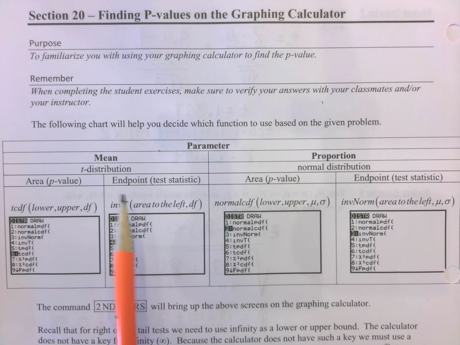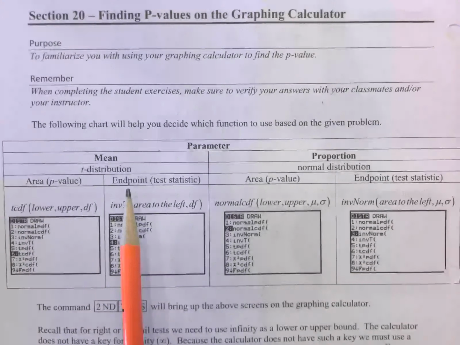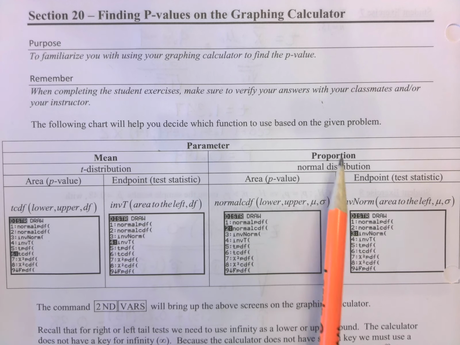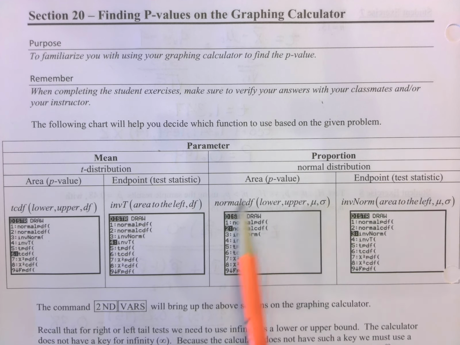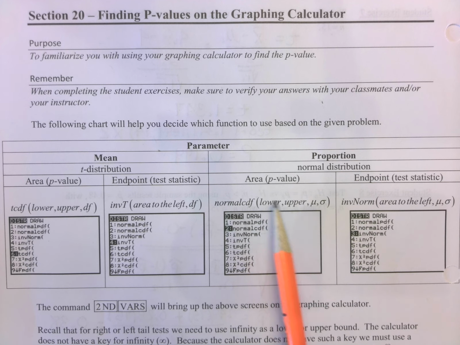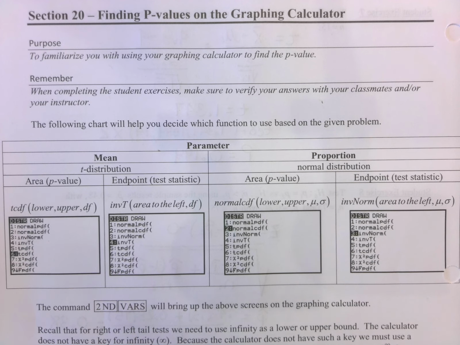If we're finding an endpoint, a data value, we are given a p-value, an area, and we want to find something, so we use inverse t. Oppositely, when we're talking proportions, we always use the normal CDF to find the area, and we use the inverse normal CDF to find the endpoints. Here are your commands above each one of these boxes.